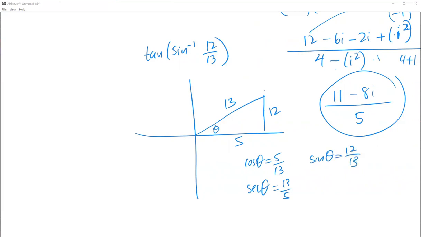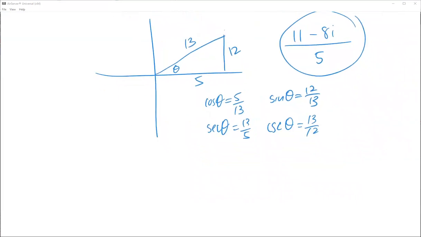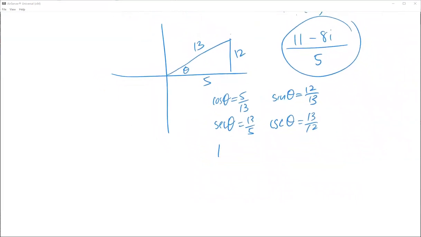The cosecant theta is equal to 13 over 12. So, sorry, I think it was a tangent. So tangent of theta is opposite over adjacent, it would be 12 over 5.